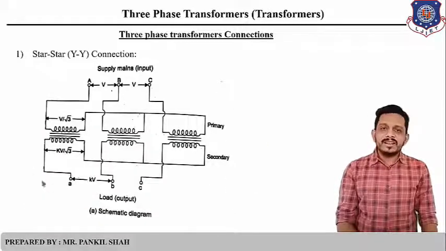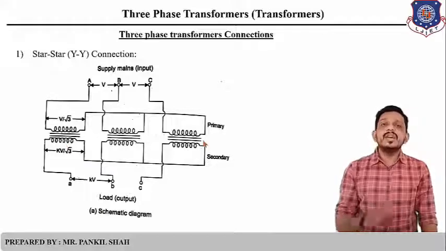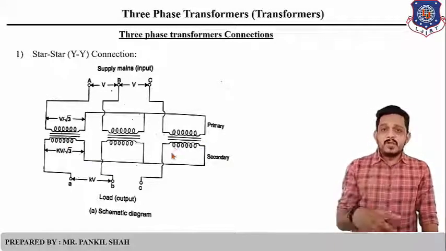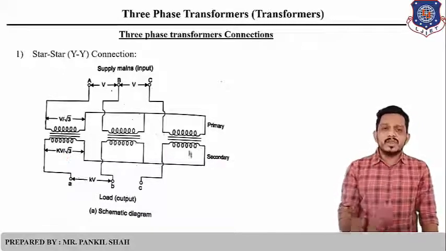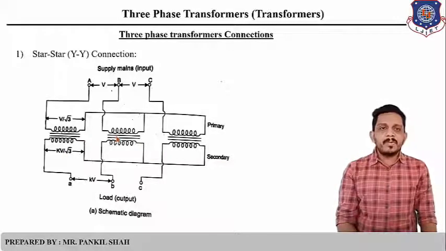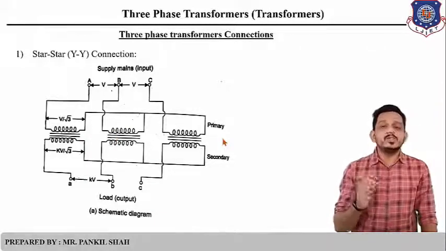You can take this simple schematic diagram, and in this schematic diagram we have used three transformers. Instead of representing our transformer via core, we have just used symbols. So this is the symbol of the first transformer, this is the symbol of the second transformer, and this is the symbol of the third transformer.